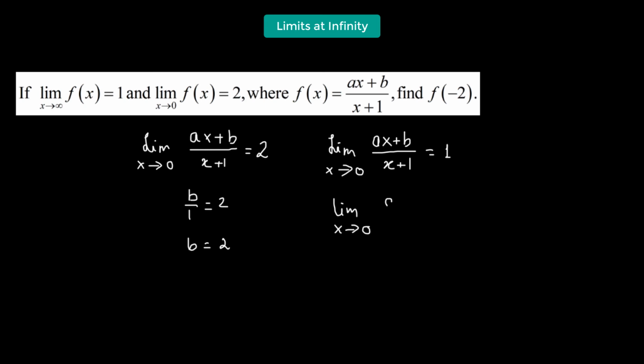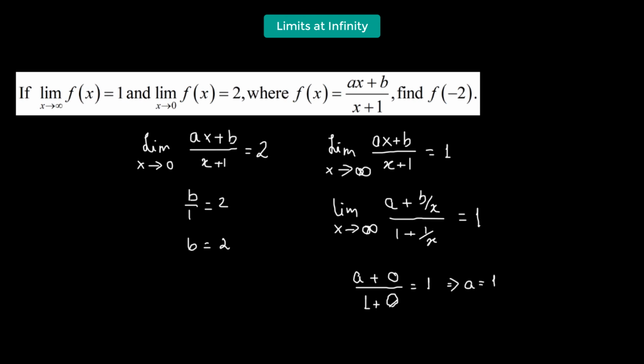So that will be (a plus b over x) divided by (1 plus 1 over x), the limit as x tends to infinity. So this value is equal to 1. So we have a plus b over infinity, which is 0, divided by 1 plus 1 over infinity, which is 0. So this gives us the value of a to be equal to 1.